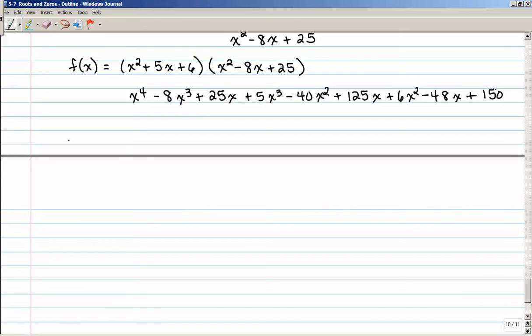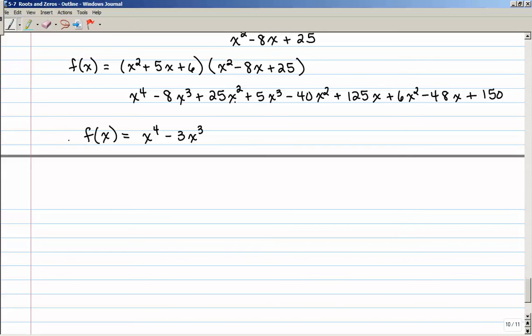Let me check my notes and make sure I got that right. It's very easy to make a mistake when you're doing all of these. Okay, so let's clean that up. So f of x equals x to the 4th, and what do I have for cubes? Minus 3x cubed. Let's find our squareds. Oh, actually this one was supposed to be a squared.